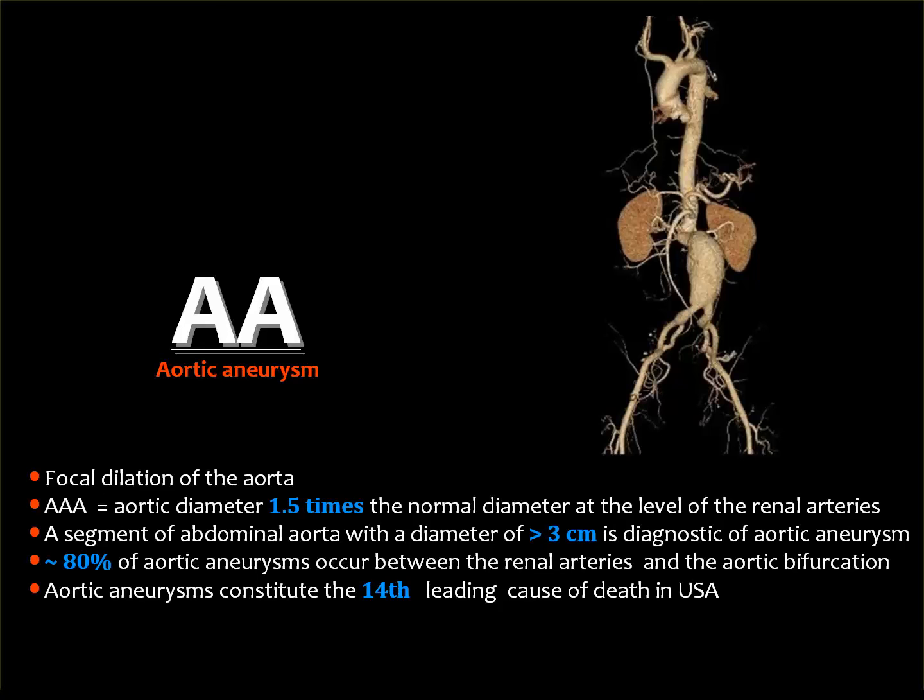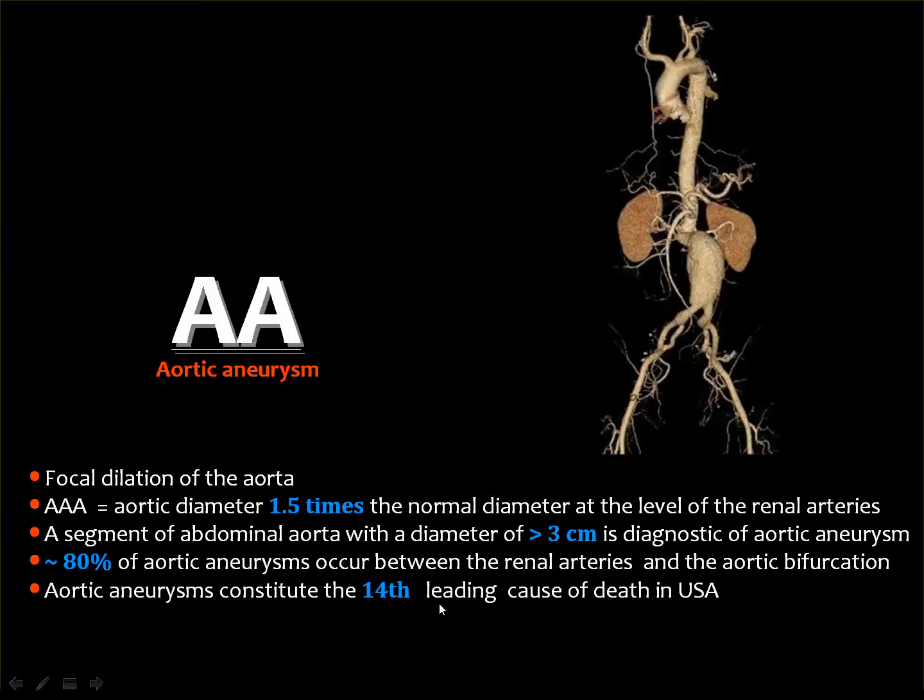Finally, we came to the aortic aneurysm, and this is a very long subject, and we will cover a small part of it in this lecture. Then we'll continue in the second lecture, inshallah. Aneurysm of the aorta is a focal dilatation of the aorta, and the diagnosis of aneurysm is considered if the aortic diameter is 1.5 times the normal diameter.